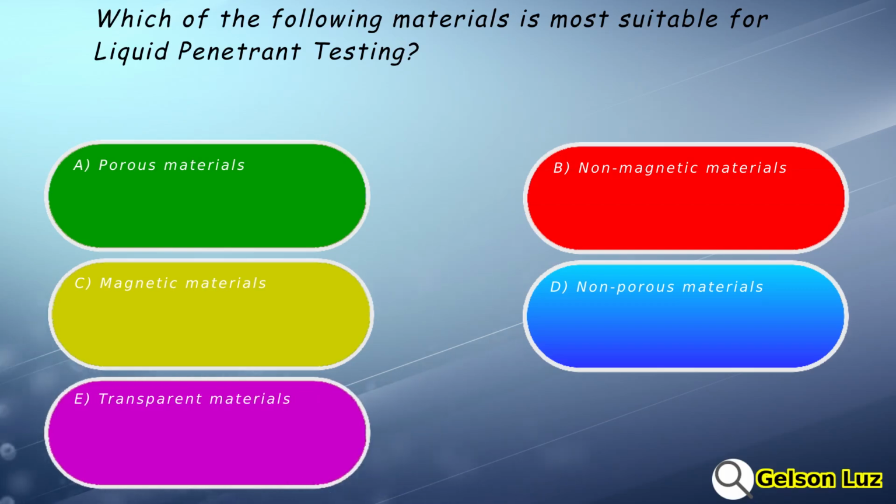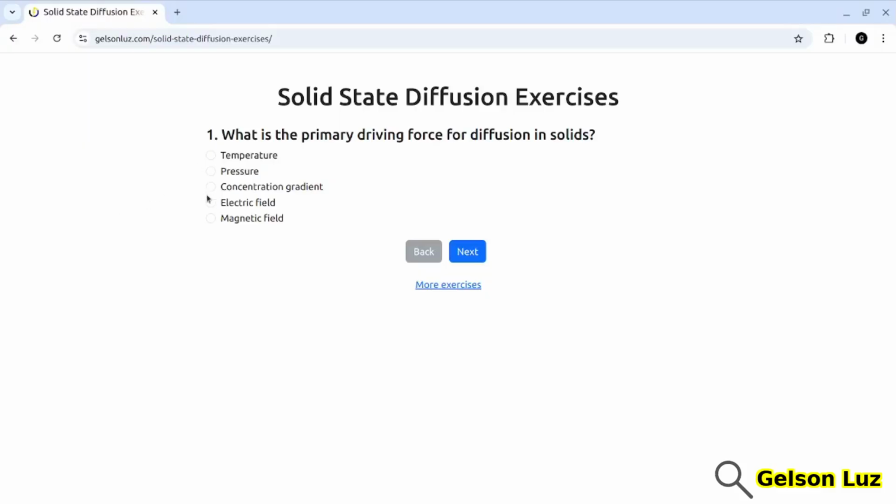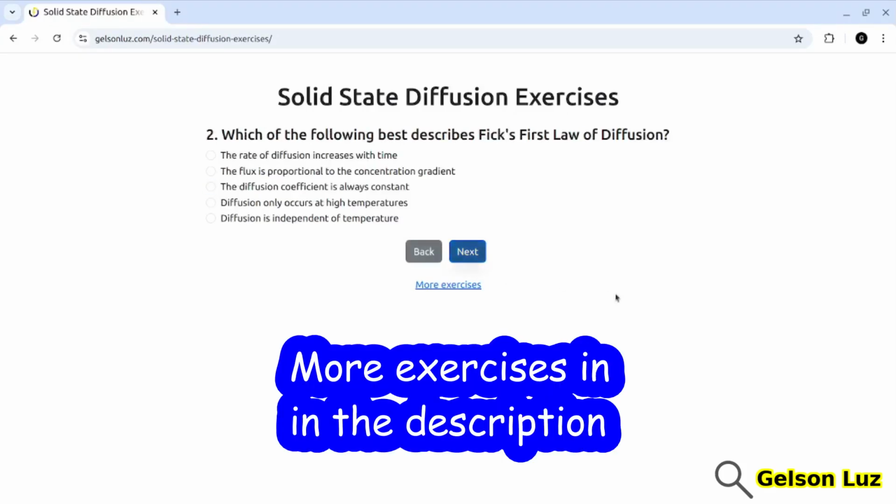E. Transparent materials. The correct answer is D. Non-porous materials.